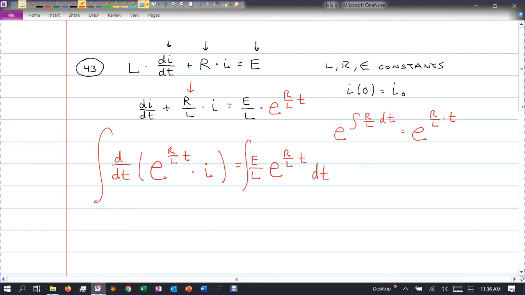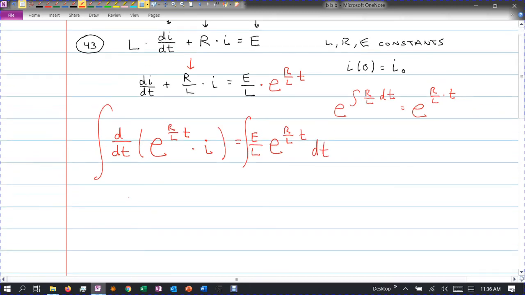All right, so now the left-hand side is just e^((r/L)t) times I equals, okay, E over L is a constant, and then times the antiderivative of this with respect to t. Remember r over L is a constant, so we just do a basic u-sub. You should get L over r times e^((r/L)t). You can check that for yourself, plus a constant. And these L's are gone.